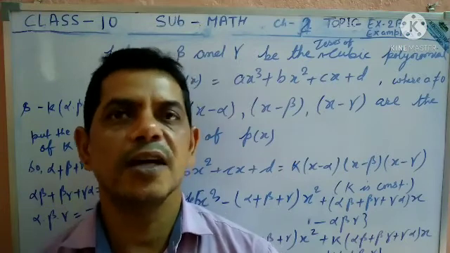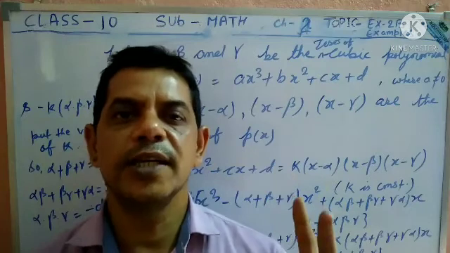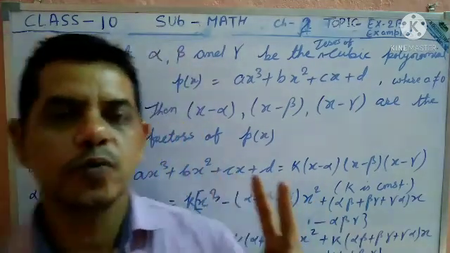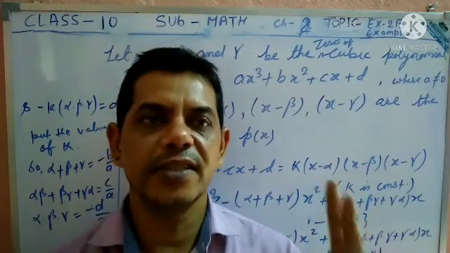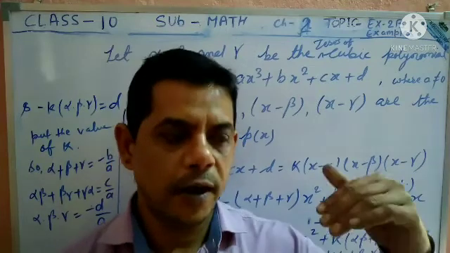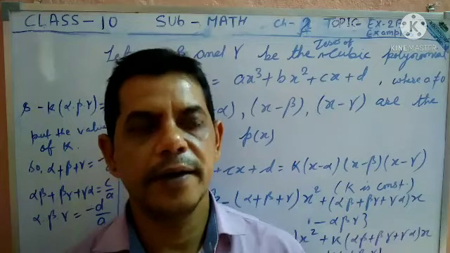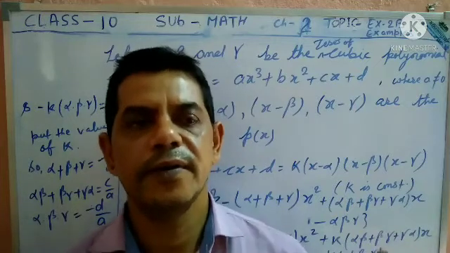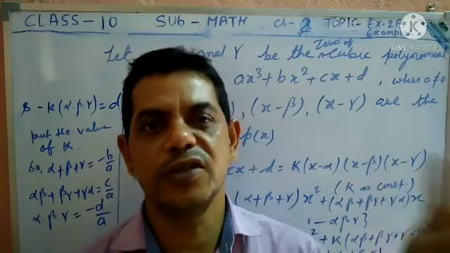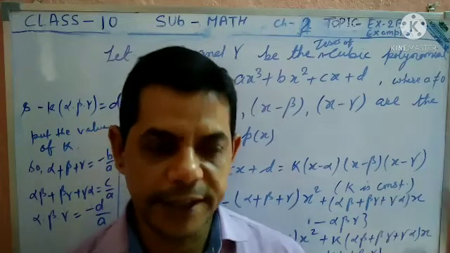In previous classes, the number of zeros in a quadratic equation, with power 2, is 2, that is alpha and beta. The number of zeros depends on the degree, so with power 2 we need 2 roots, 2 zeros.